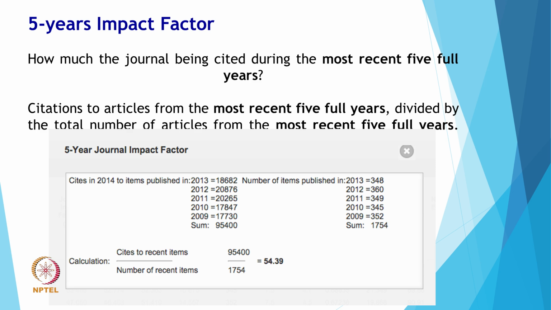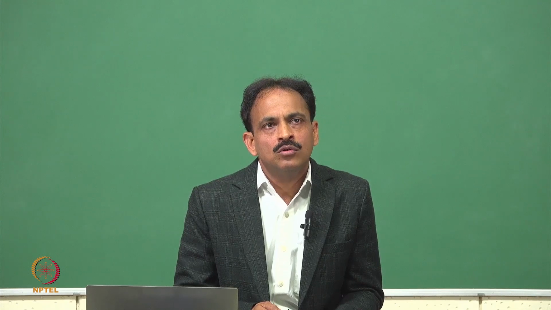So how is it calculated? You just take the citations to papers from 2009, 2010, 2011, 2012 and 2013 in the year 2014 and divide by the total number of papers published from 2009 to 2013. So you will be able to find the 5 years impact factor of the journal.